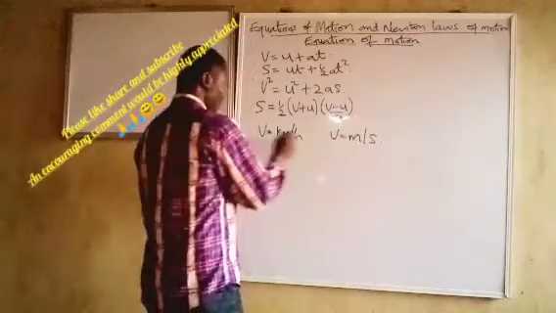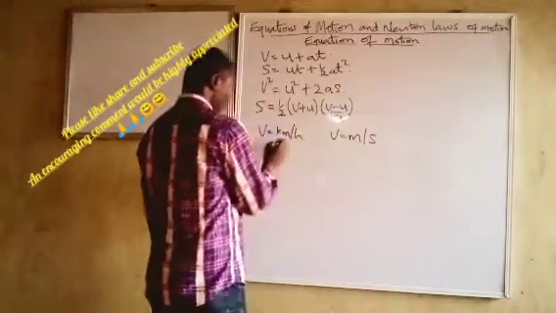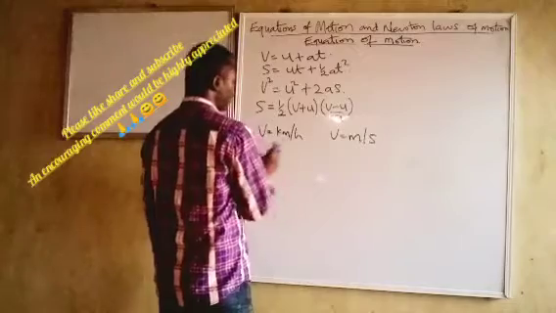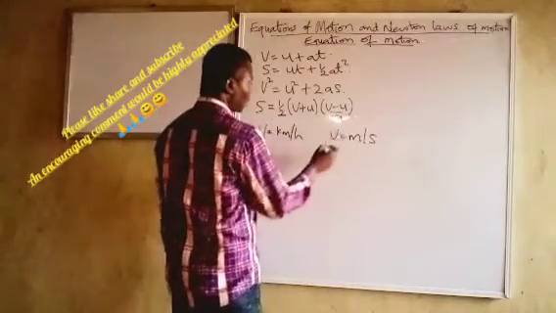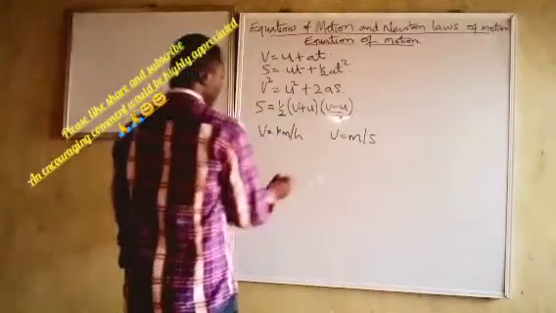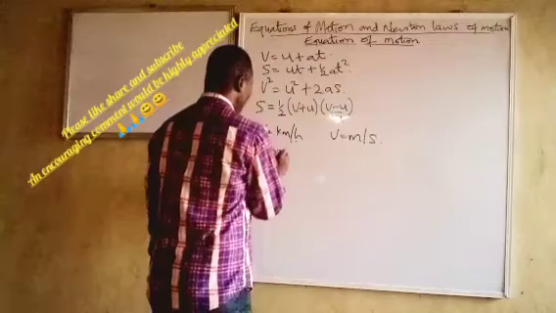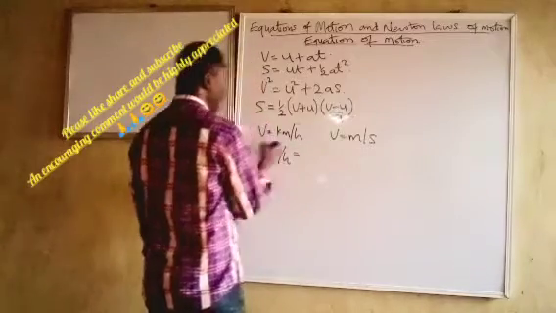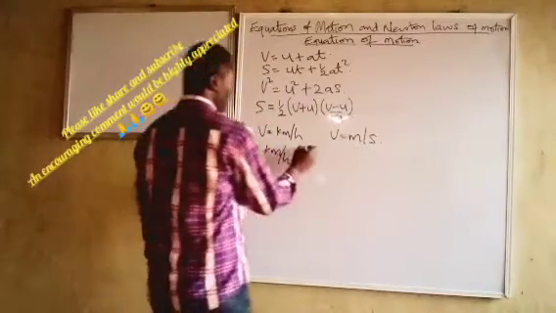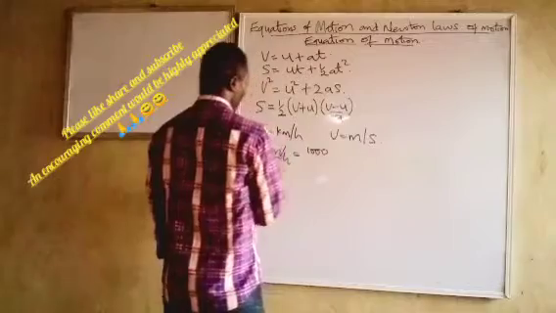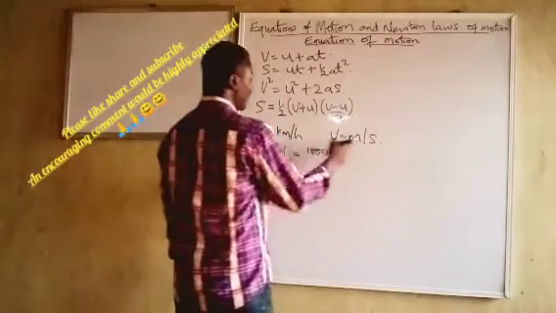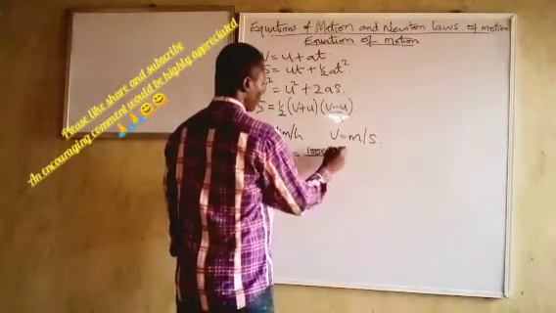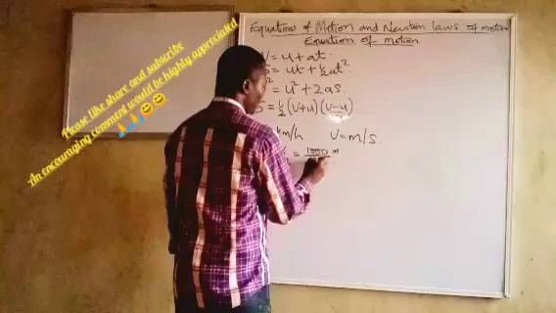How do you do that? If we have kilometers per hour, we want to convert to meters per second. So kilometer per hour will be equal to, how many meters make 1 kilometer? We have 1,000. How many seconds make 1 hour? We have 3,600.